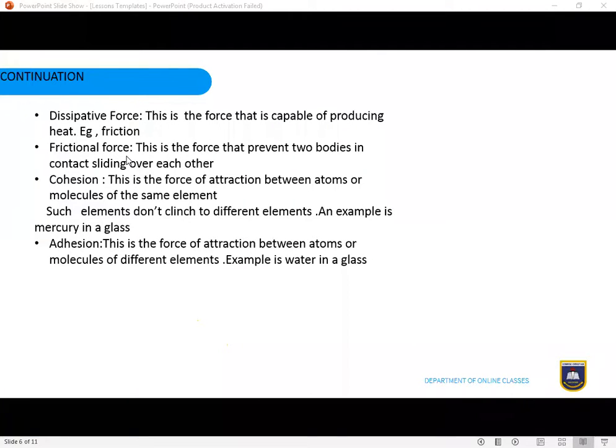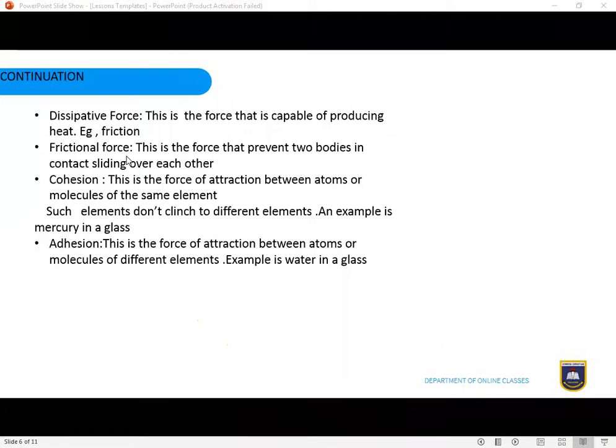So to reduce friction, we smooth the surface. If you smooth this surface right now, this can move very fast. But when it's rough, there's a preventive force. Frictional force can also be called a preventive force. It prevents this from moving fast on this road, because the road is very rough.